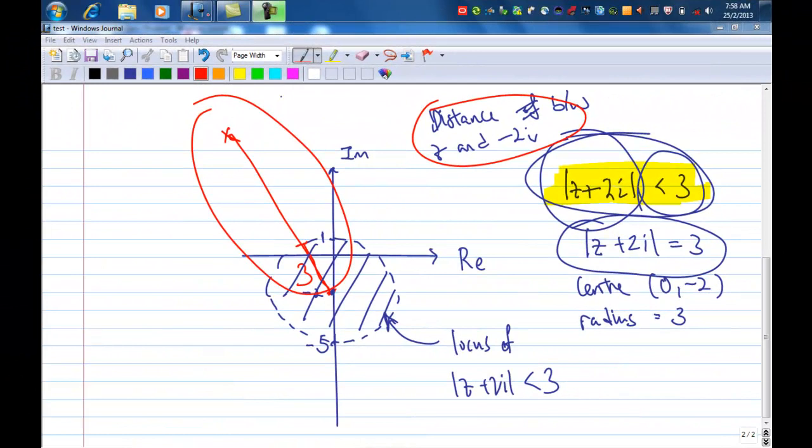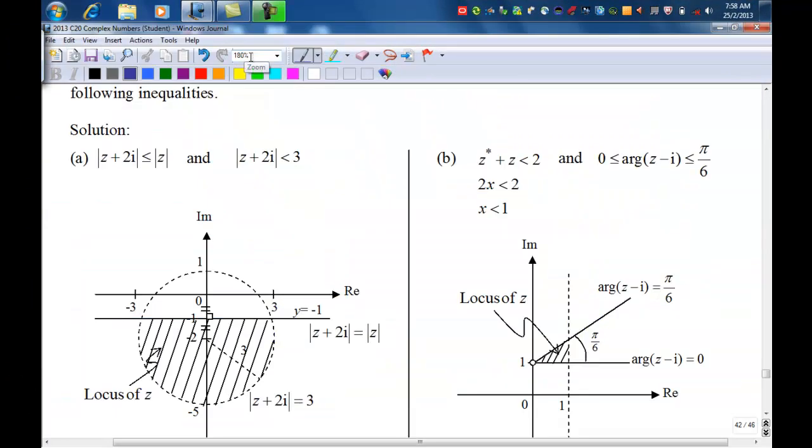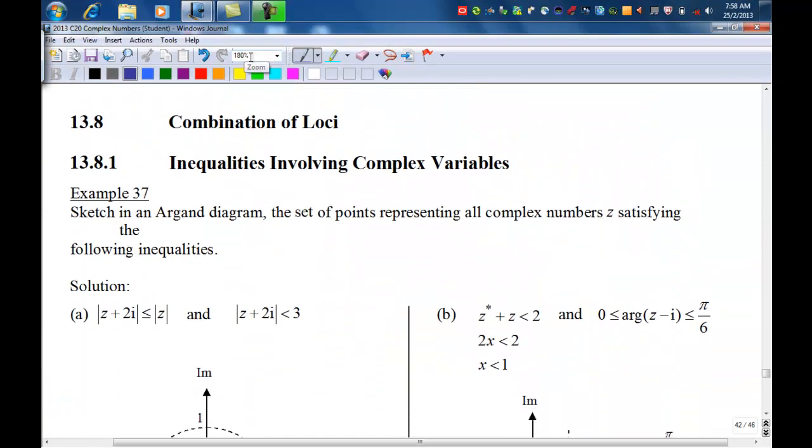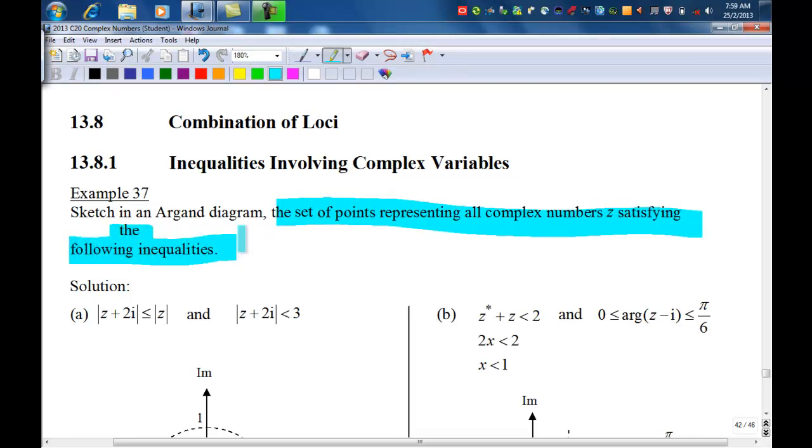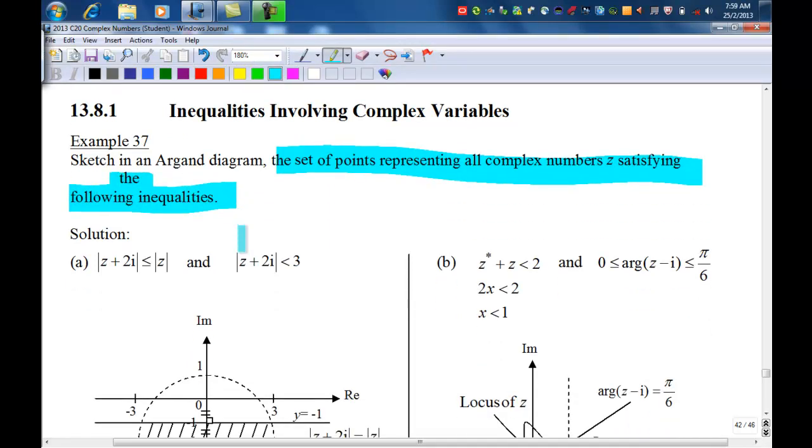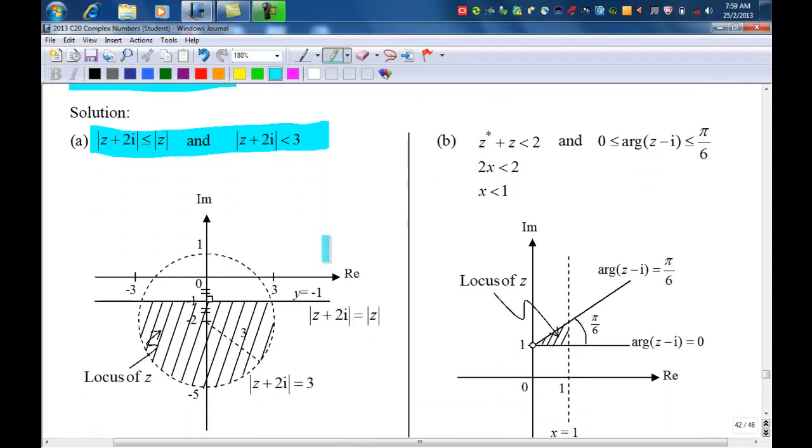Now let's go back to our notes. Now in this last section of the complex number topic, we are looking at inequalities involving complex variables. Now in example 37, now they want you to find the set of points representing all complex numbers satisfying the following inequalities. In A, you have a pair of loci. Now we just drew both of these, the two loci earlier, and this is a nicer diagram, of course.